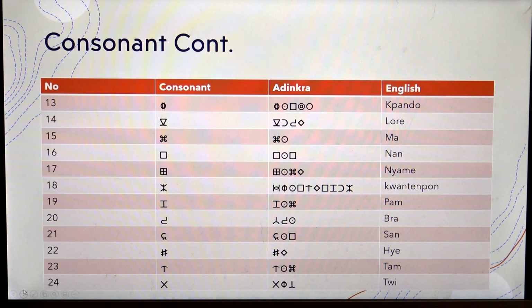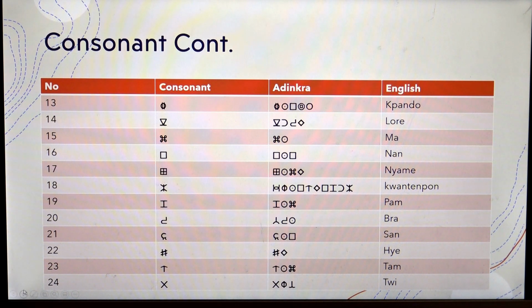And the R as in bra or braha, bra, come here, braha, come here. And S, son, as in go back or return, son.